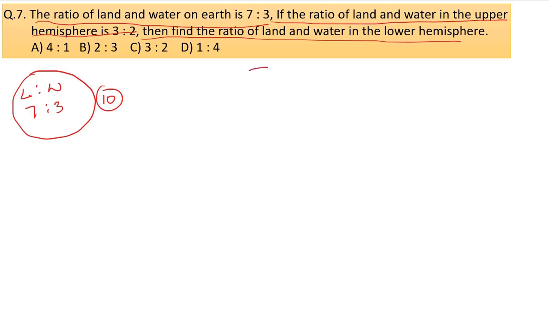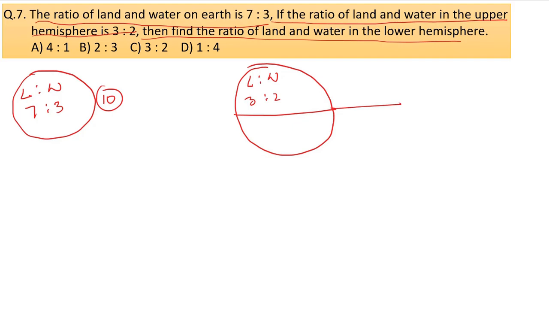In the next part of the question we have the hemisphere. Hemisphere means half. In the upper hemisphere we have land to water, that is 3:2. Here the upper total is 5, 3 plus 2 is 5.